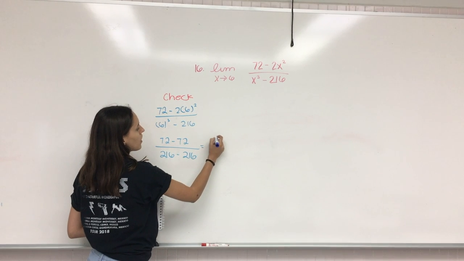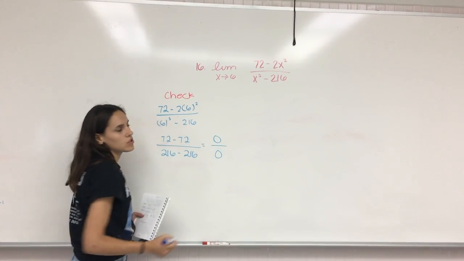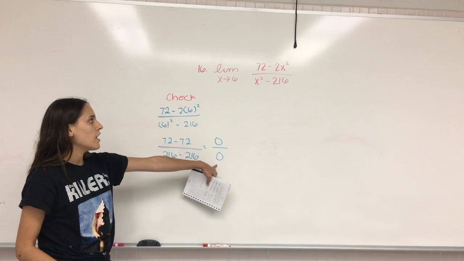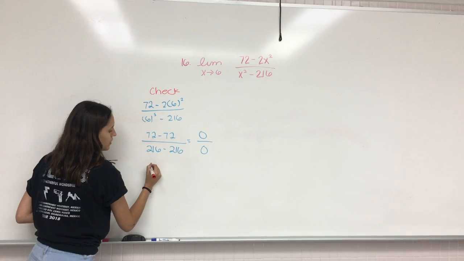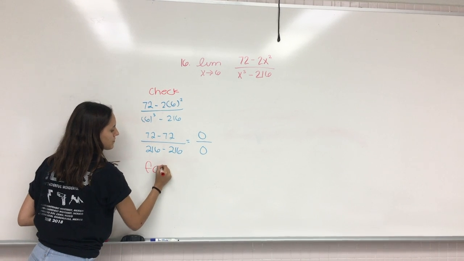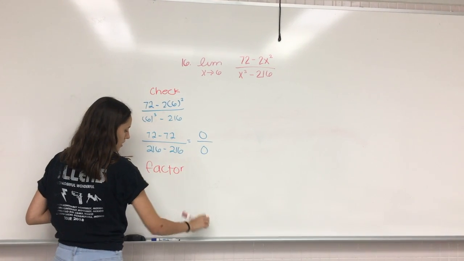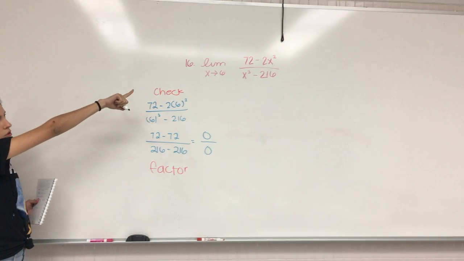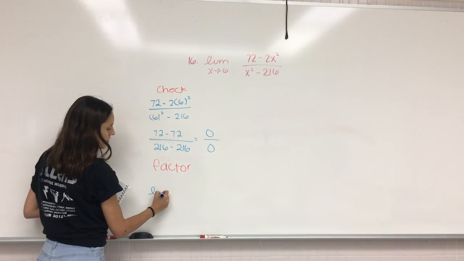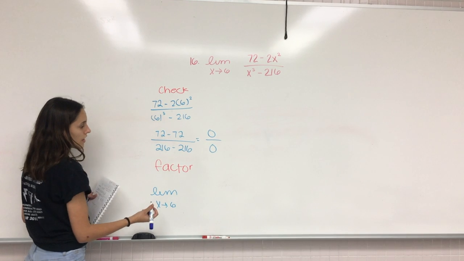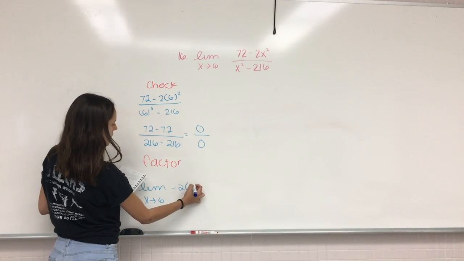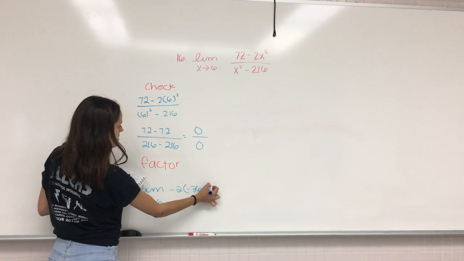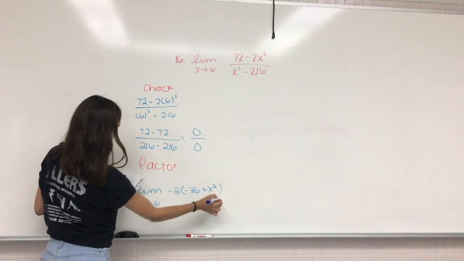This will give you a 0 over 0, which is undefined, which means that in this function we have a hole. So then you need to first factor, applying the same notation. Minus 2 times minus 36 plus x to the second.